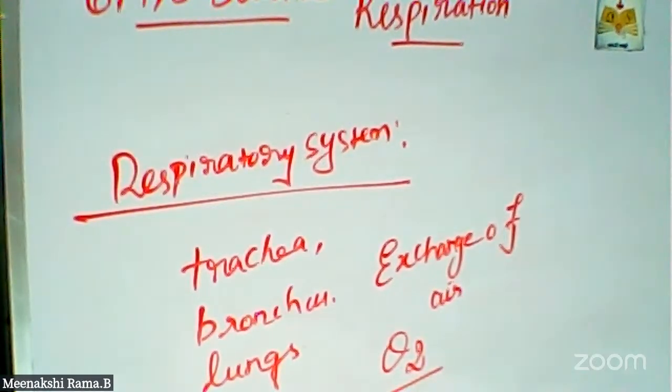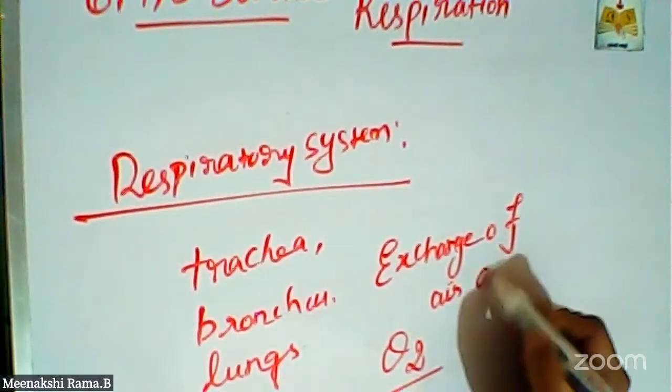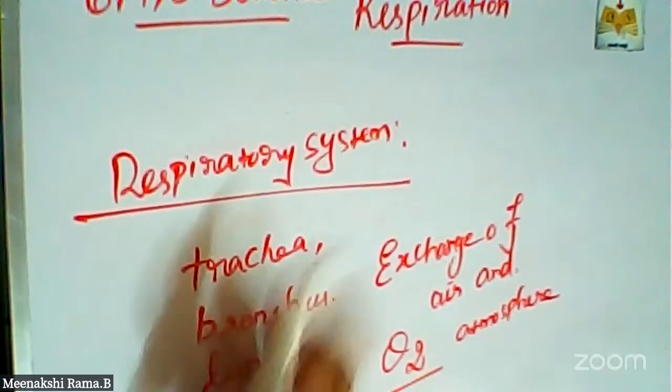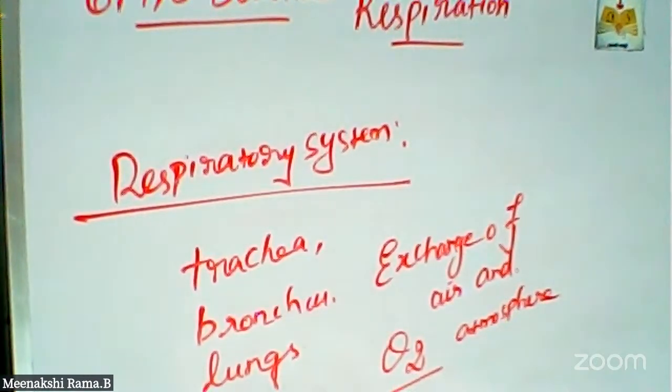So the exchange of air between the atmosphere and blood is the process of respiration. First, I will go through our respiratory system. After that, we are going to enter the different kinds of respiration, that is cellular respiration, like aerobic and anaerobic respiration.